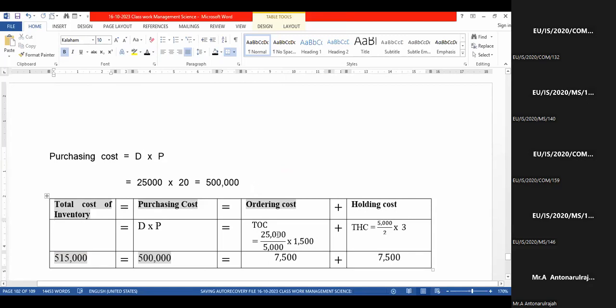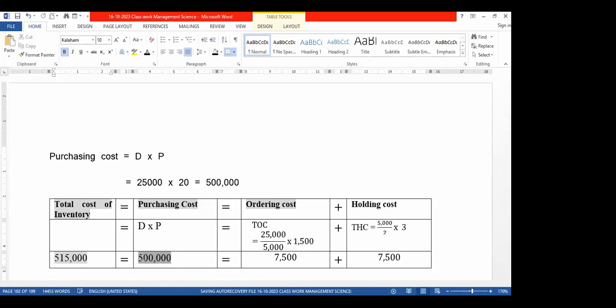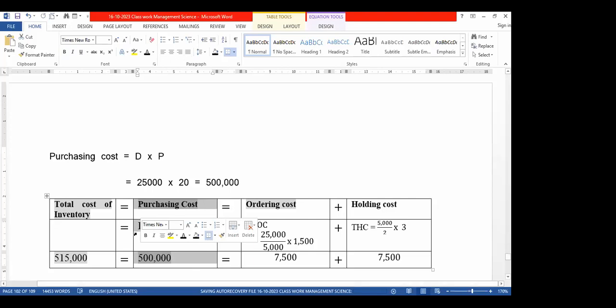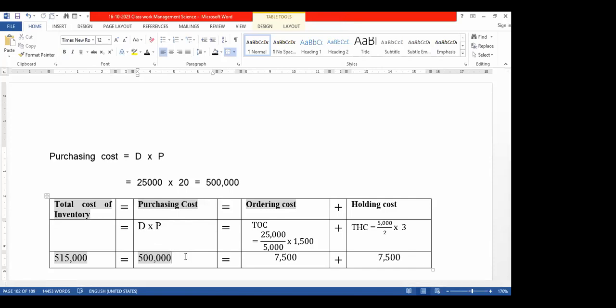In inventory cost, which is normally the highest portion? Percentage wise, which is considered the highest portion in inventory? In this example, you can see which is the highest amount. Purchasing cost. Yes, purchasing cost. But so far in our inventory calculation courses, we are not bothered about it.